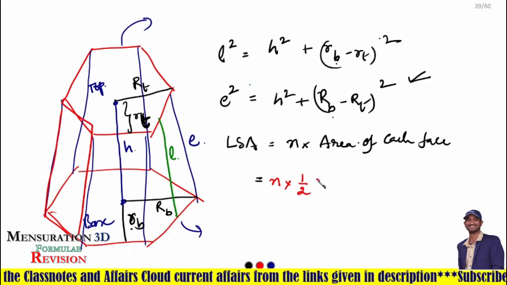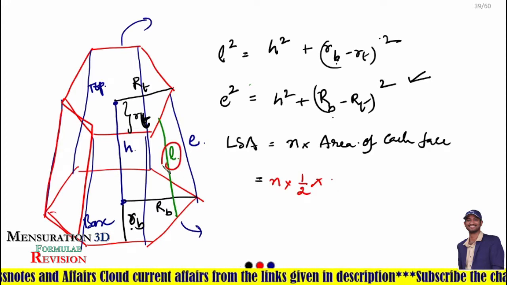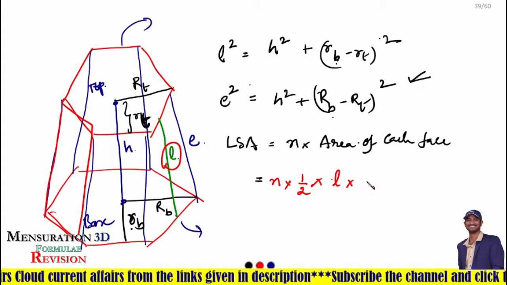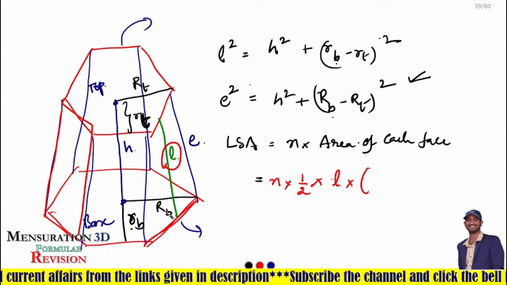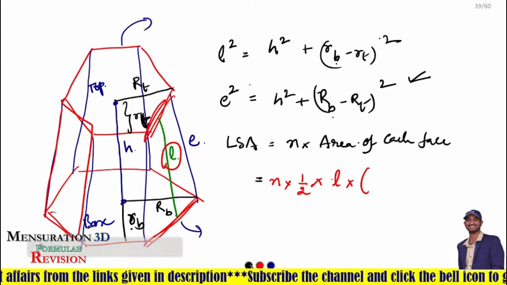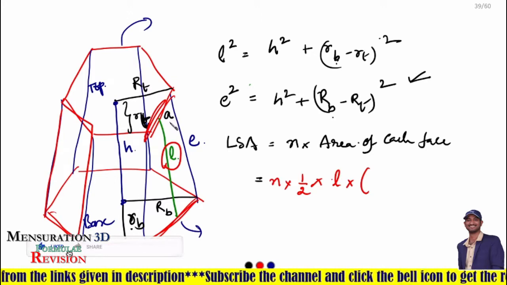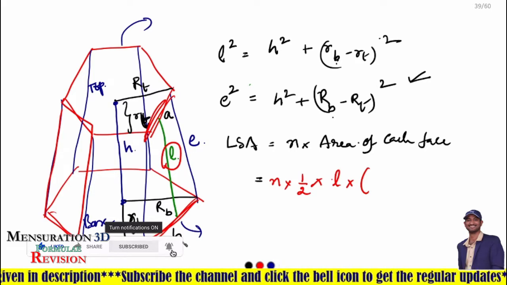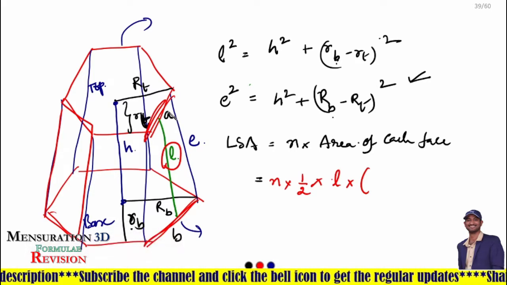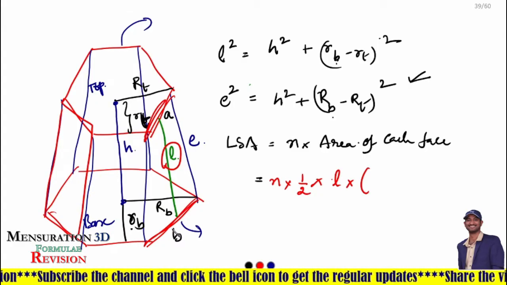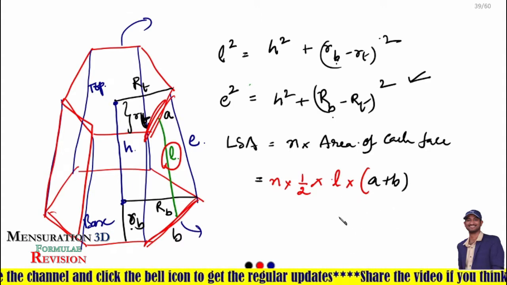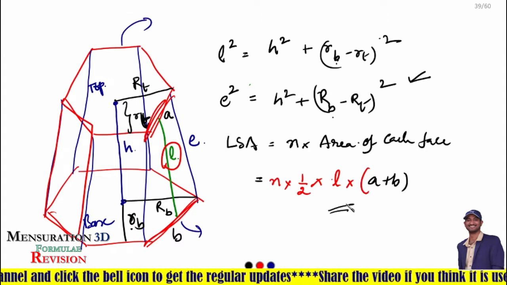Half into h, which is nothing but slant height of the frustum, into the sum of the parallel sides. Suppose small a is the side of the upper polygon and small b is the side of the base polygon, then it is n by 2 into L into a plus b. This is the lateral surface area.